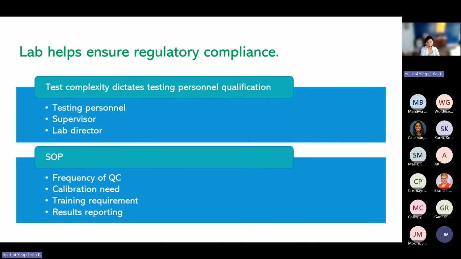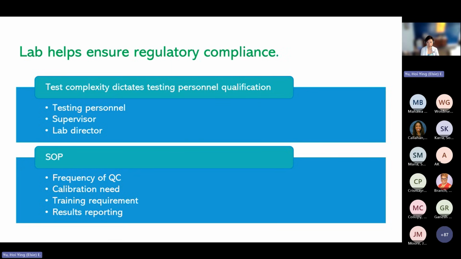So one of the things that the lab does is that we help ensure regulatory compliance. Whether a test is waived or non-waived is one of the first things that I always look at when I'm thinking about point of care testing, because it also dictates personnel qualification, as in who can be qualified to run the test, or who can be the supervisor or lab director.